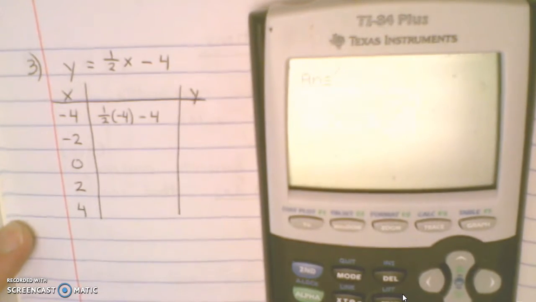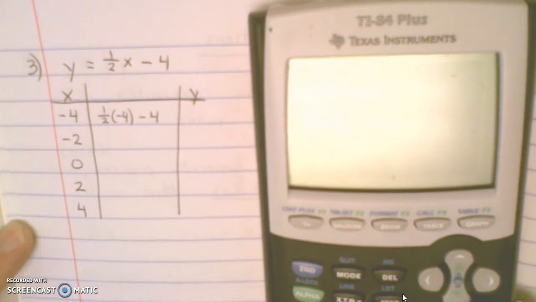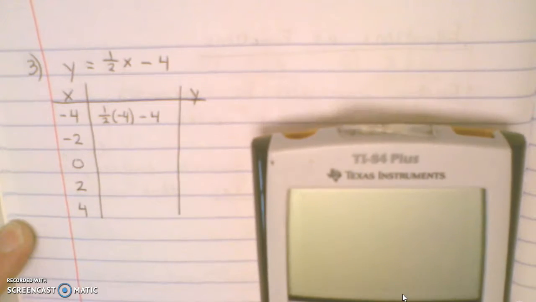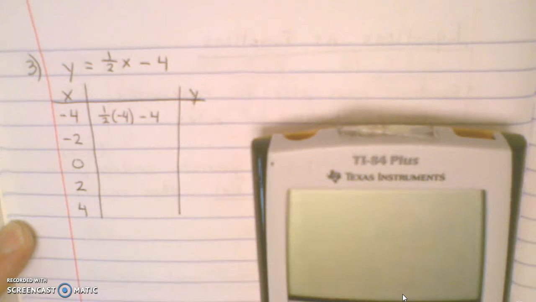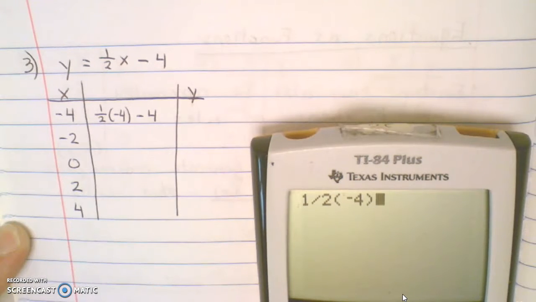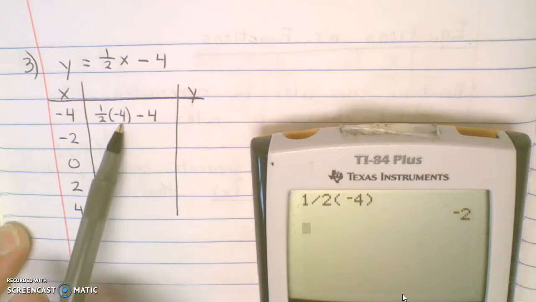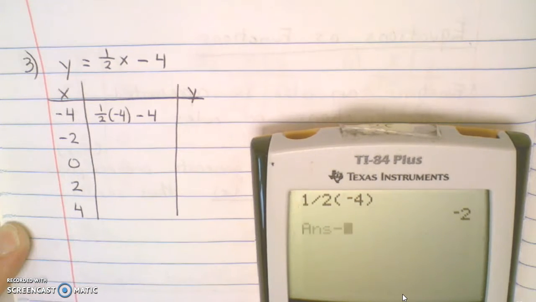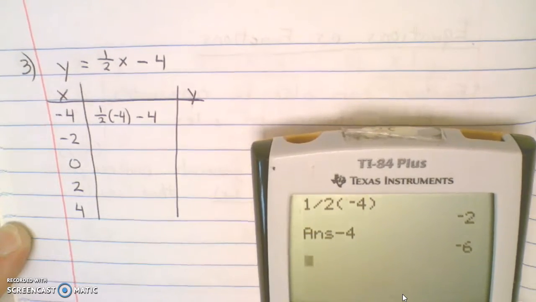So if we do that on our calculator, to type in a half, you do 1 divided by 2, and then parentheses -4. That's taking half of -4. So half of -4 is -2, and then we have to apply the rest of the rule. We have to subtract 4. So that gives me -6 as my output.